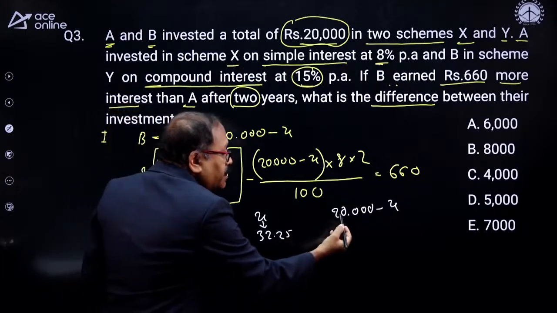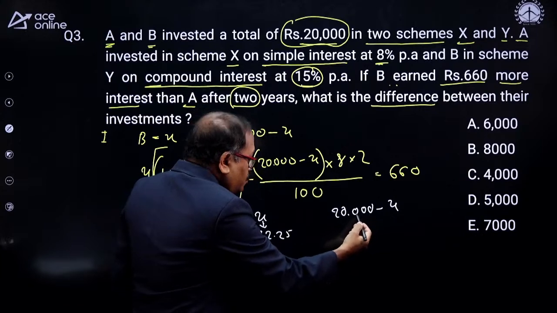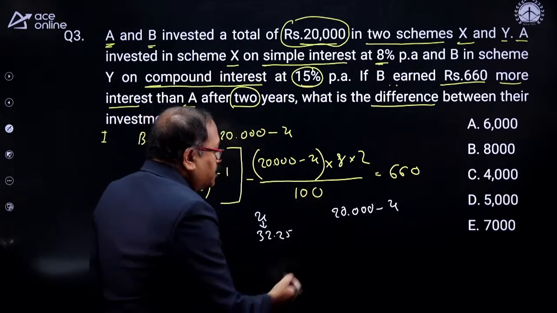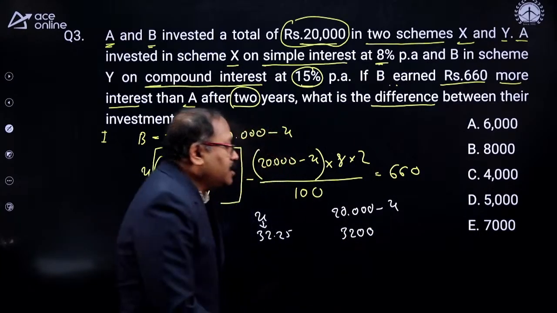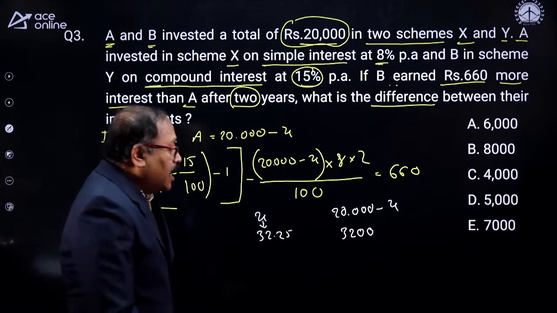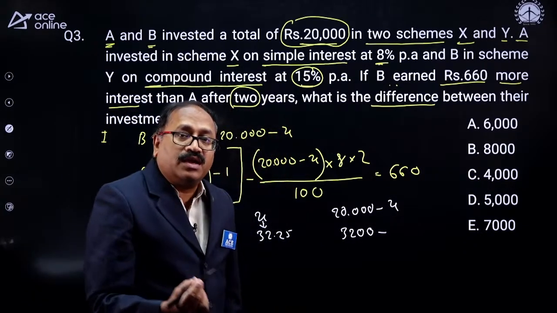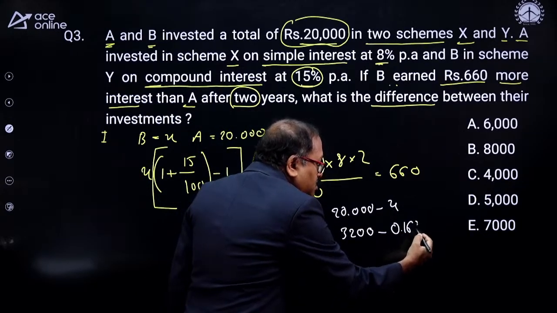So that is 16% of 20,000. Cancel the 2 zeros, you will be getting 3,200, the interest on 20,000, minus the 16% interest on X, which is nothing but 0.16x.